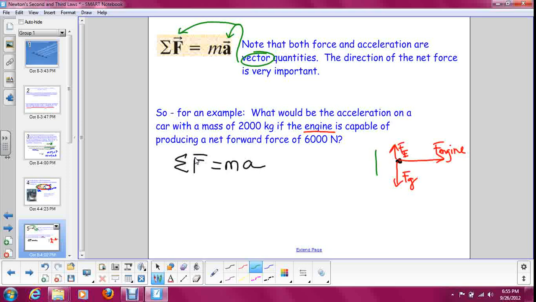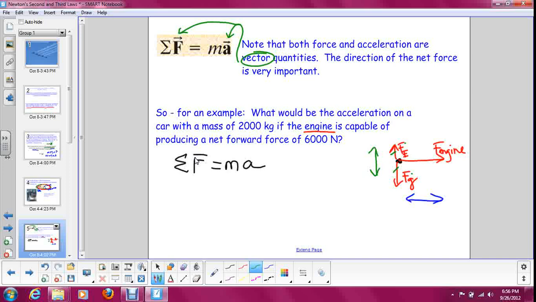Remember, we can add these forces together and we can add these forces together, but we cannot add up and down forces to side forces. It doesn't work that way. So our up and down forces, it turns out, are equal to each other. And when these are equal to each other, we put little tick marks. So one tick mark on the force of the Earth up here is equal to the force of gravity down here.